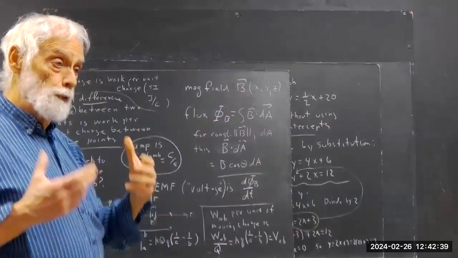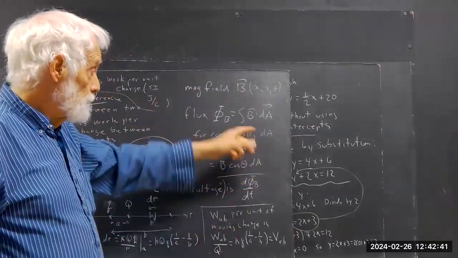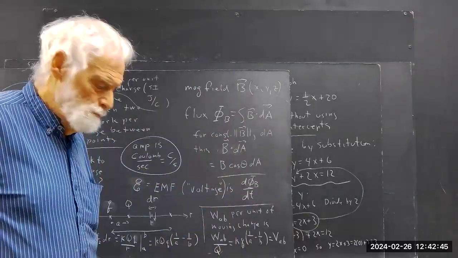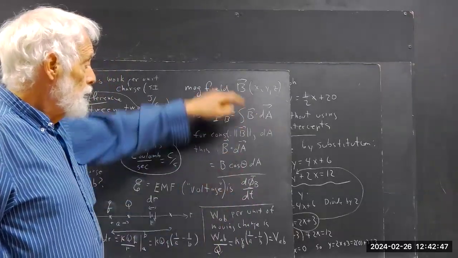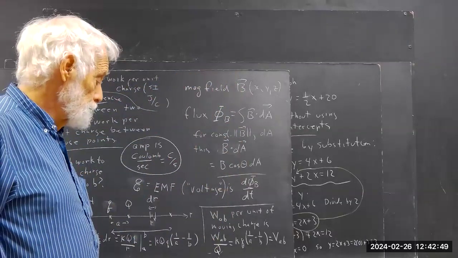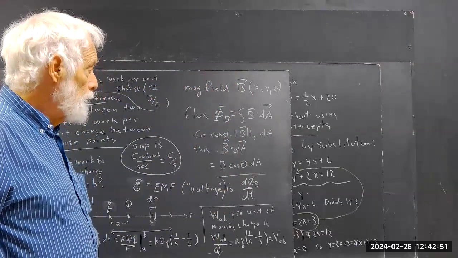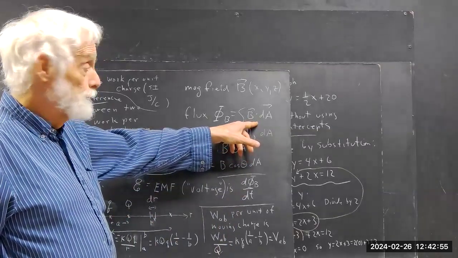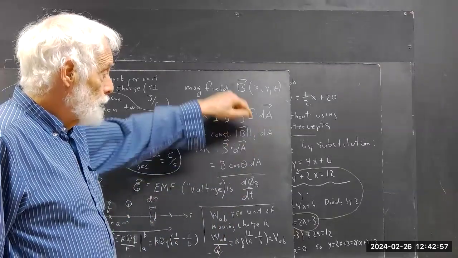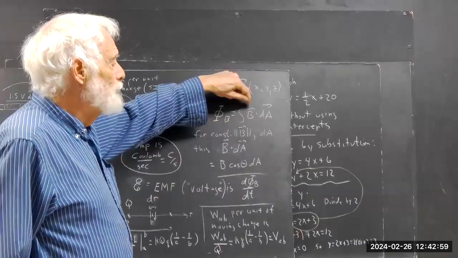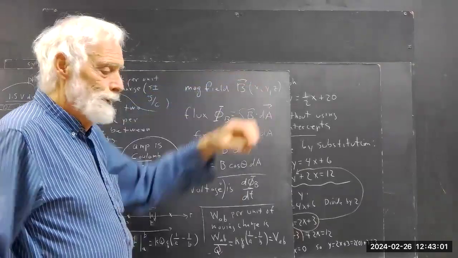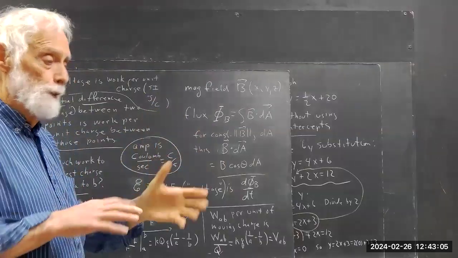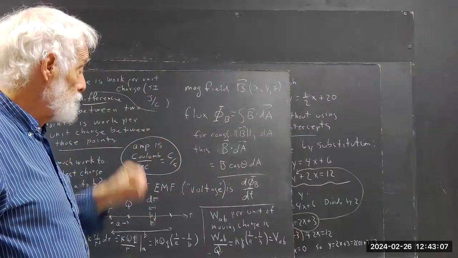Now, if the magnetic field varies with different parts of the region, you got to do an integral, and there's your definition. We'll learn how to do those integrals in multivariable calculus, but right now you don't really even have to understand that for the physics course. You're just adding up all the B dot A contributions of a bunch of little regions on the surface. Now, that's no matter what the shape of the surface is.